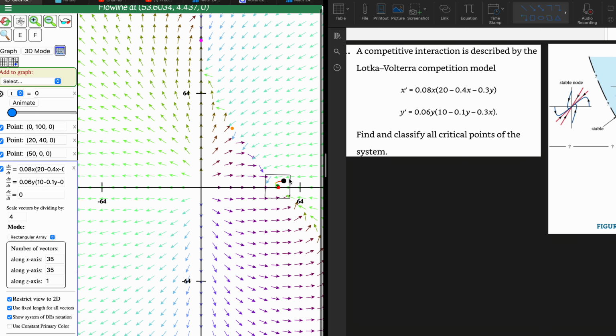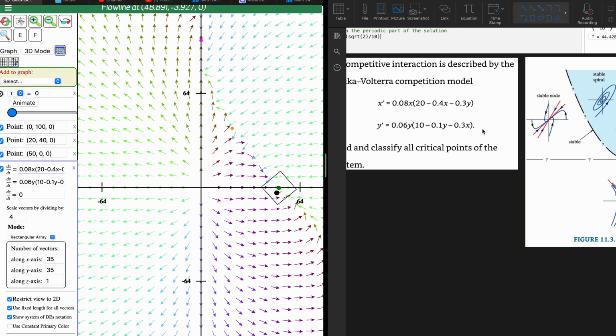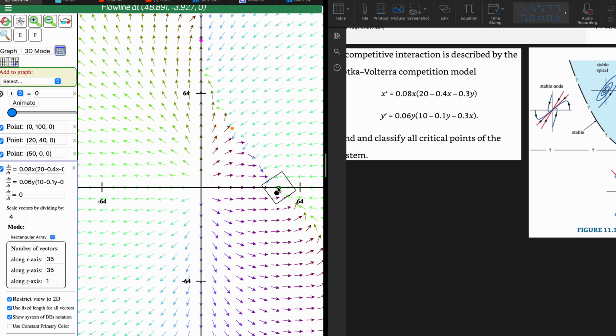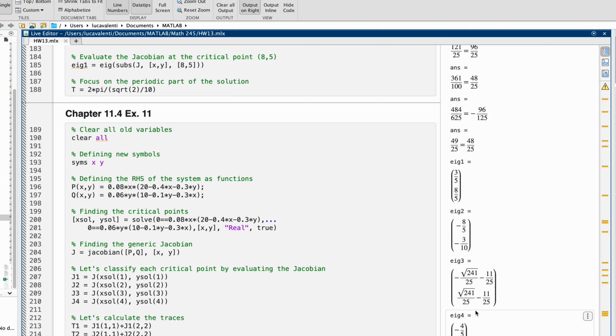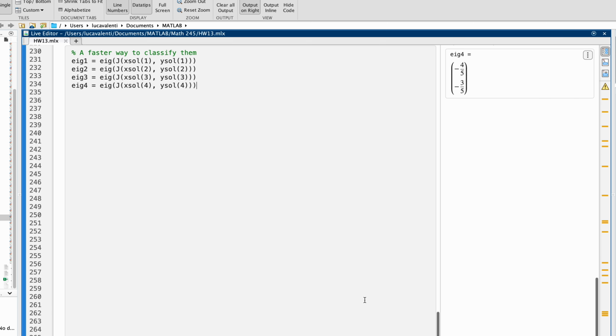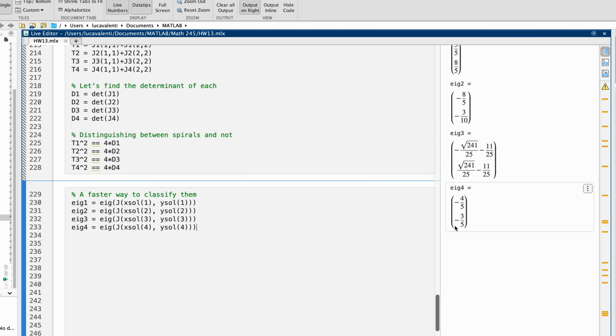This looks like it's stable. You see how it's attracting any trajectory close to it. And we said that that was stable, right? This is 0, 100, which is the fourth one. The fourth one has eigenvalues that are both negative.